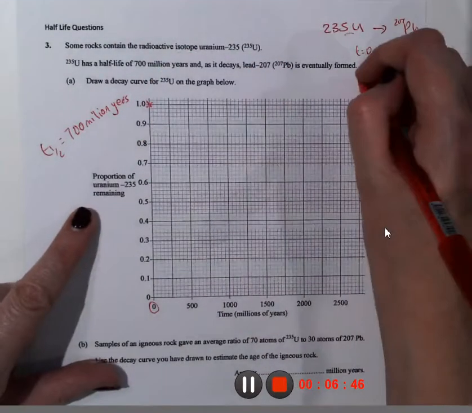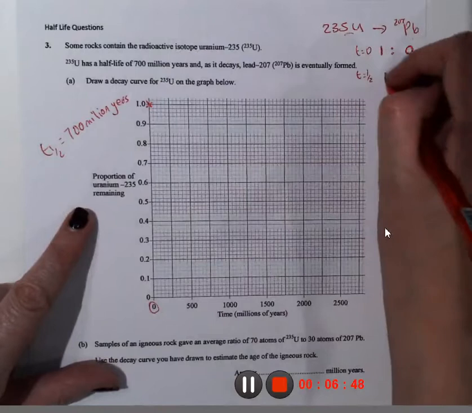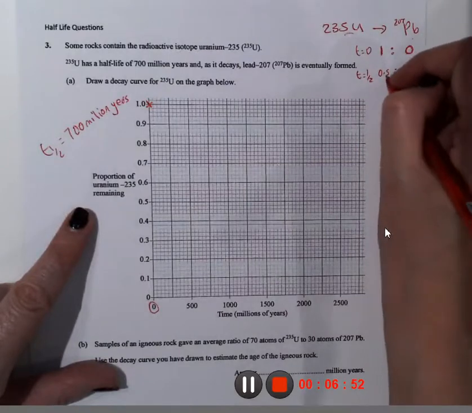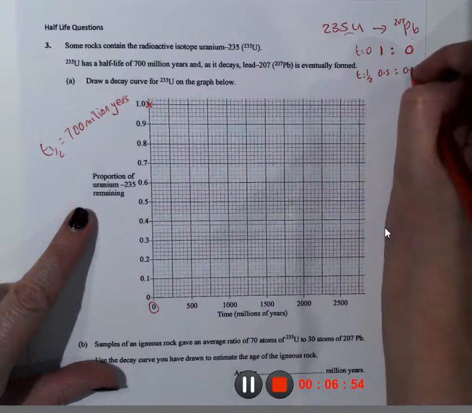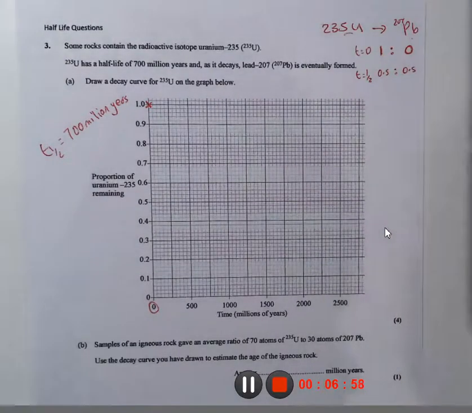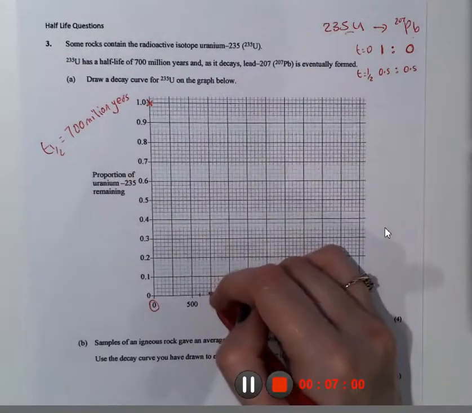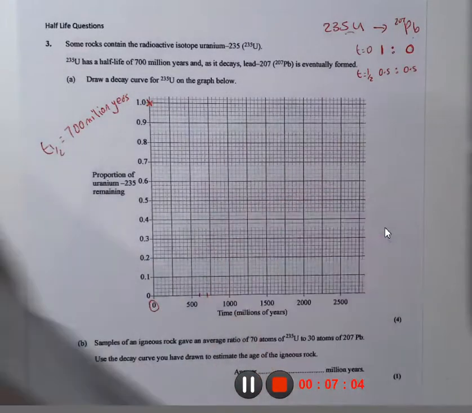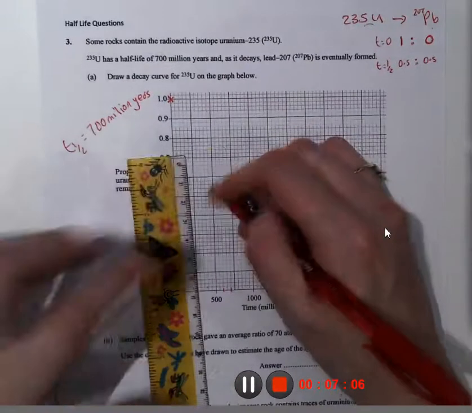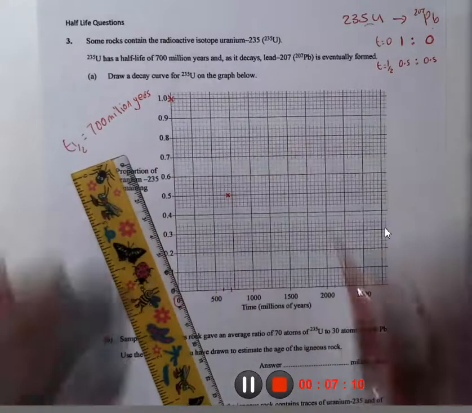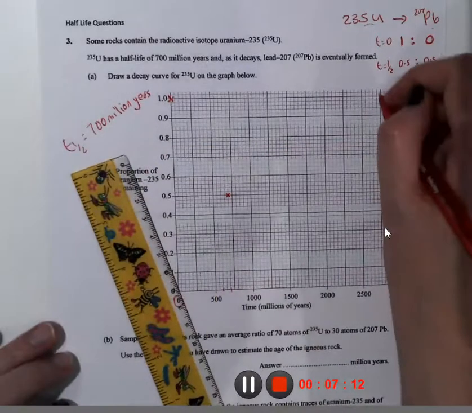After 1 half-life, this would have halved, so this would be 0.5. And because this is now 0.5, this is 0.5 because they both add up to 1. So 700 million years, 600, 700, I've got to go to 0.5, which is there.